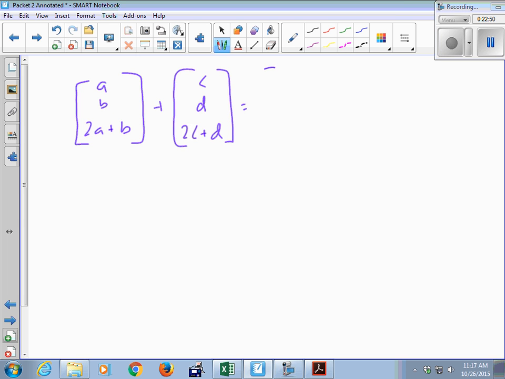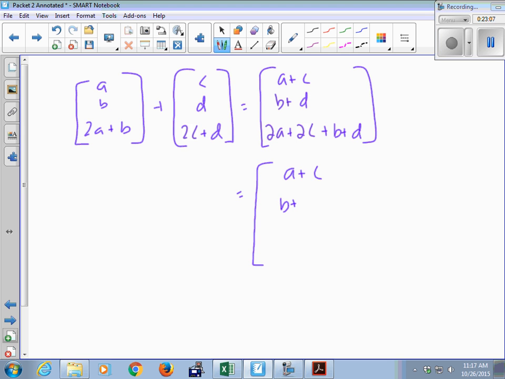So this becomes A plus C, B plus D, 2A plus 2C plus B plus D, which I could simplify that third entry to be 2 times (A plus C) plus (B plus D). So it will always work no matter what two I pick.